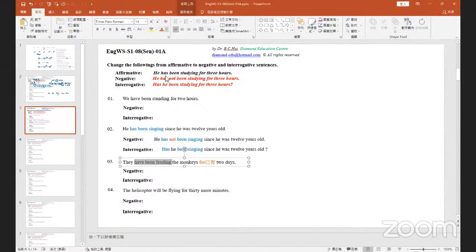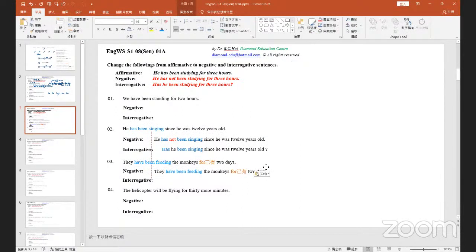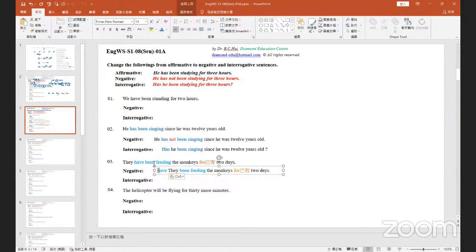So present perfect continuous tense. 3 words together is the verb. You want to change it into a question. You move the first part of the verb to the front. Have they been feeding the monkeys for 2 days?